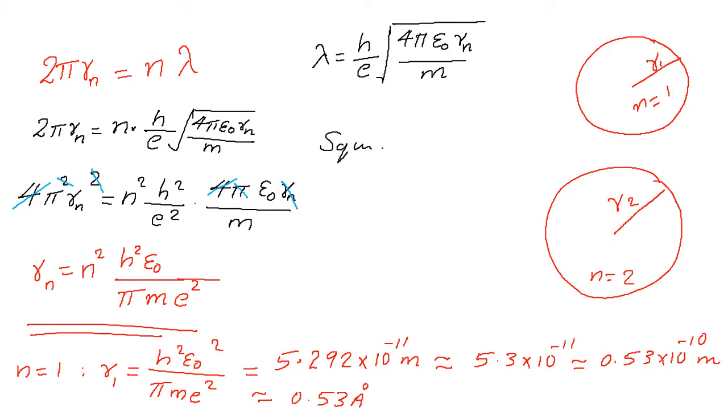Okay. So please remember this value, right? So this value of radius is called Bohr radius. And we represent Bohr radius with a0. Alright, with that substitution, you can write Rn, radius of the nth orbit, as n square a0.